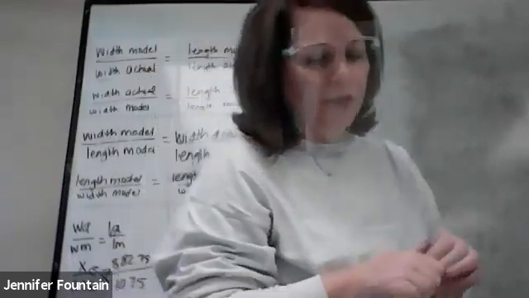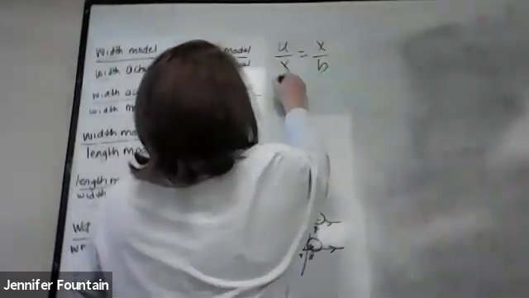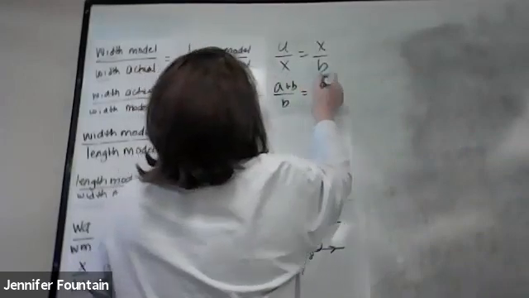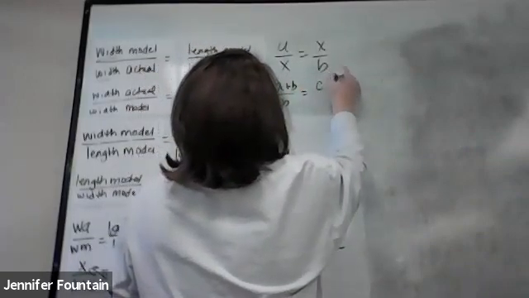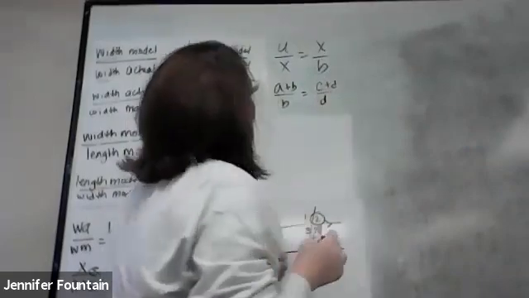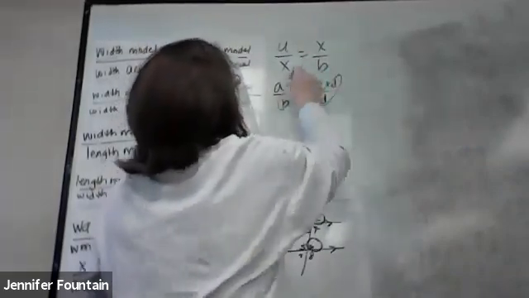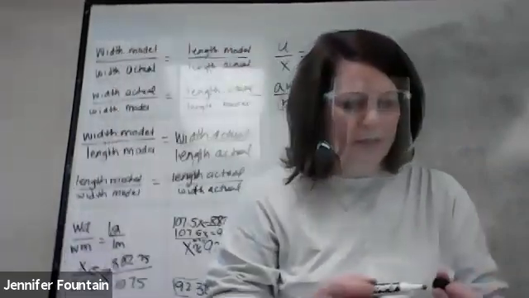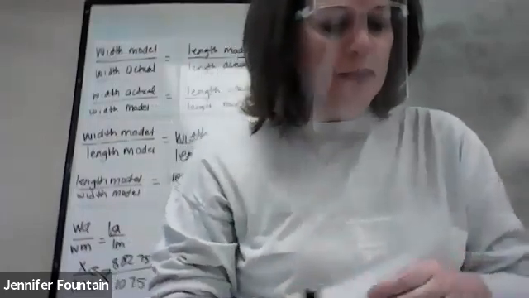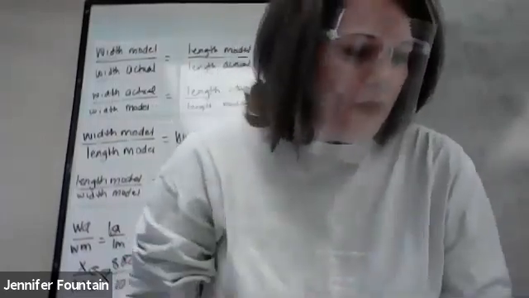Y plus 5. Good, because remember we said that A plus B over B is equal to C plus D over D. So I've got to make sure that those correspond. So for number 2, the missing part is Y plus 5.